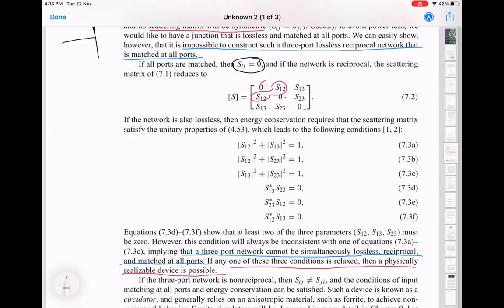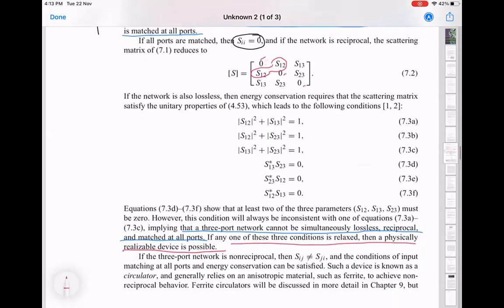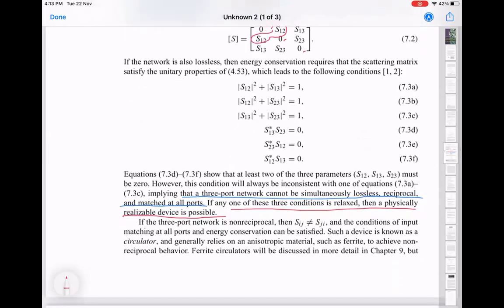Okay, so here they sort of start with the non-reciprocal as the first one, in which case you can now get lossless transmission and matched on all ports. And this is the device we also saw during the demos. It's a circulator, right?